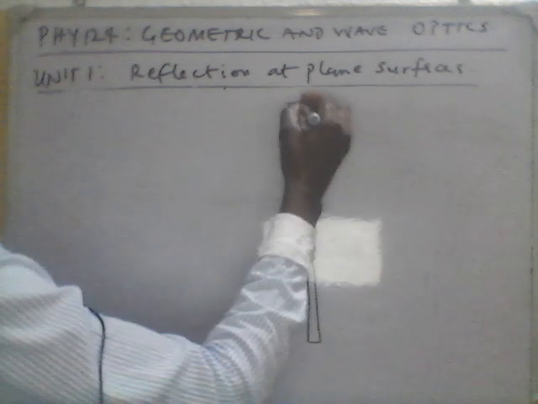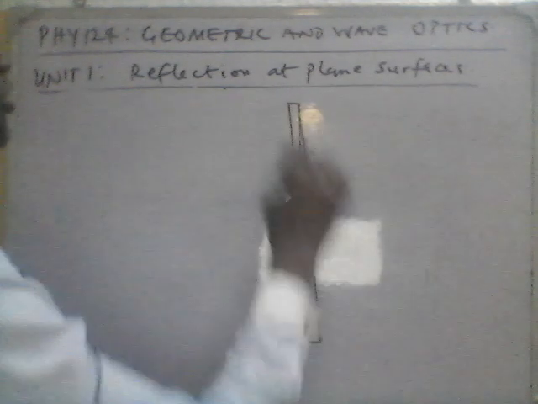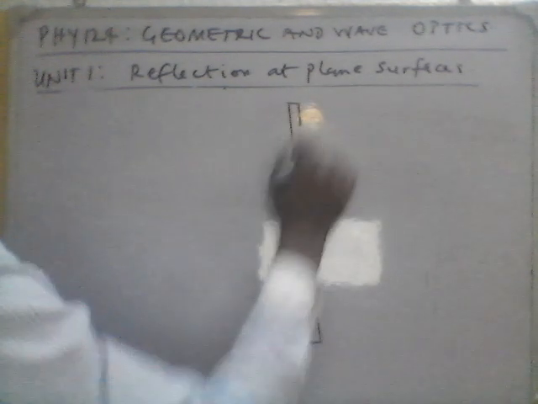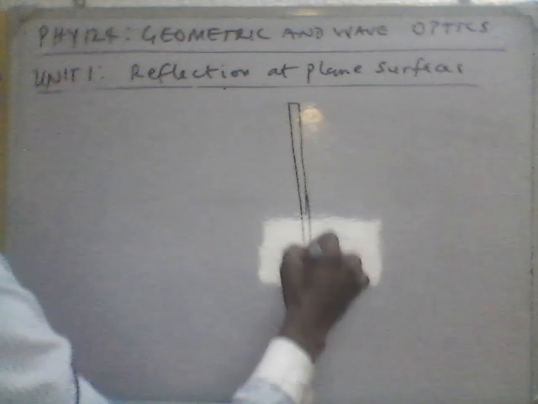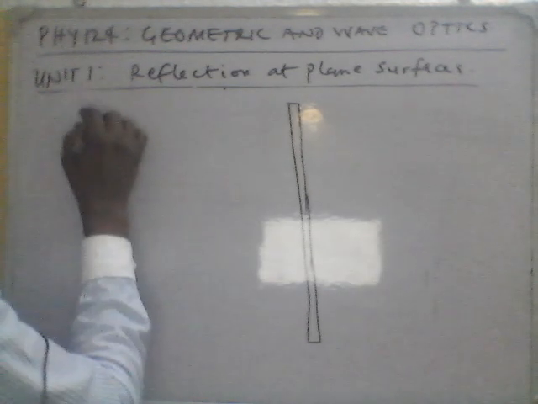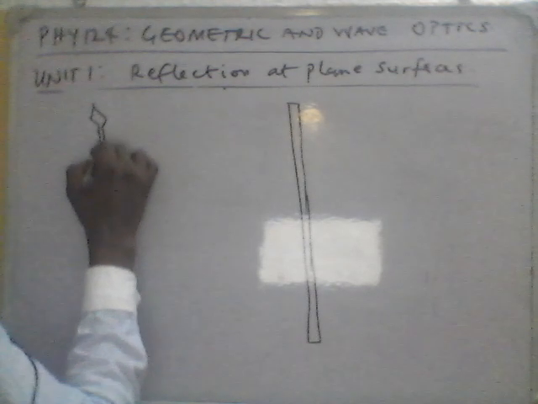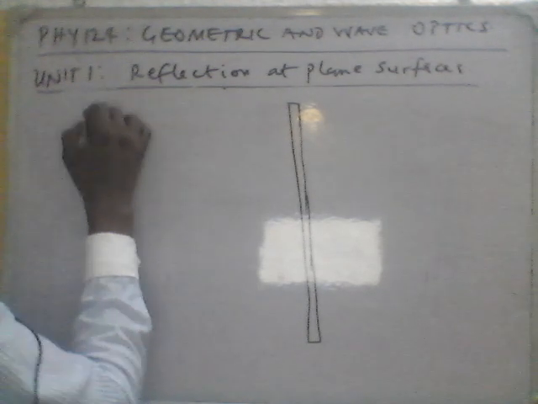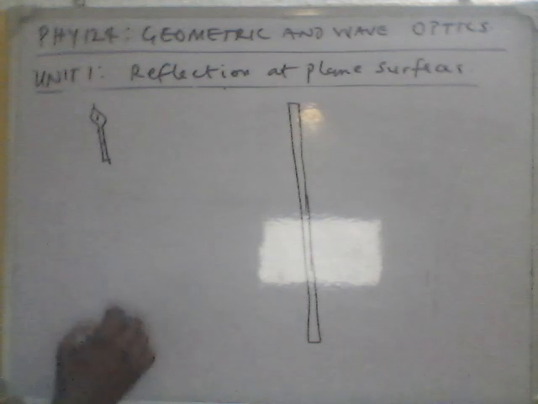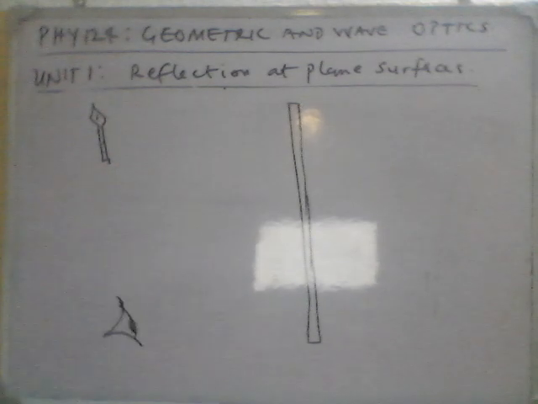I'll try to draw the mirror. Assume that this side is polished and coated. Understand? Okay, so this is the object that I want to view. Let's say I want to view this object as a candle. And this is where the observer is, the eye of the observer.